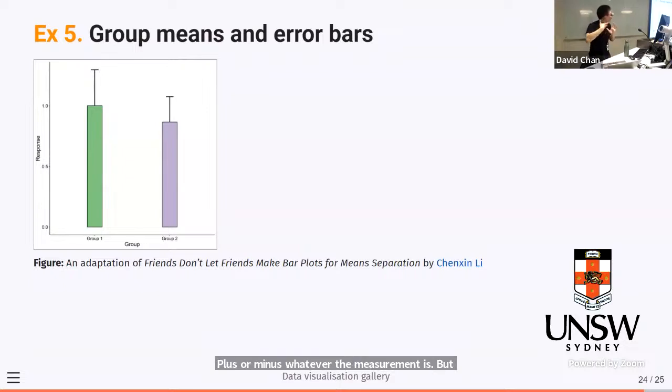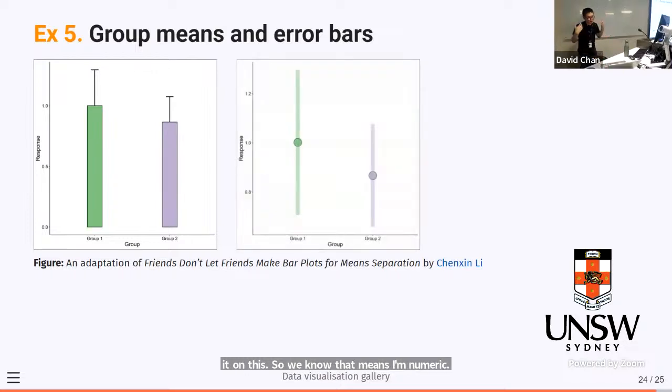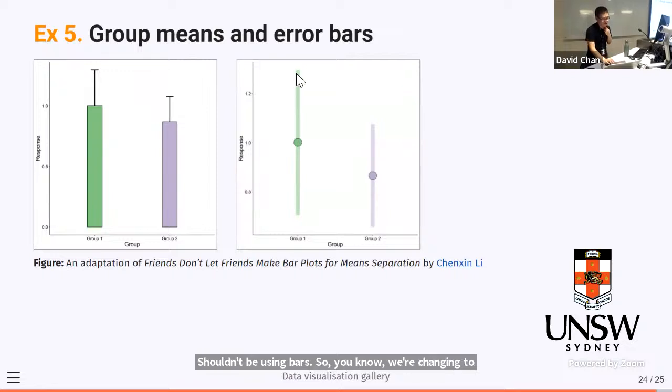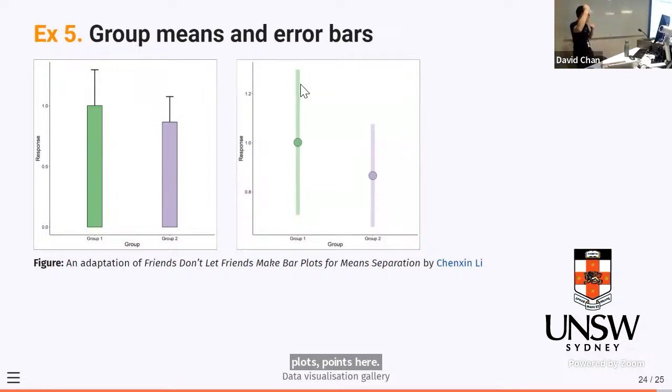But let's try to iterate on this. So we know that means are numeric. We shouldn't be using bars. So we're changing to points here, and then we're just replacing the error bars with lines. So, a bit of improvement. We still haven't quite defined what the error bar is.